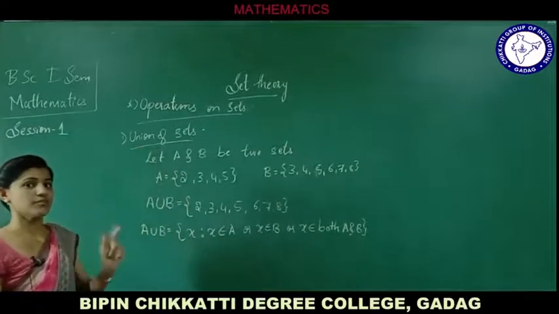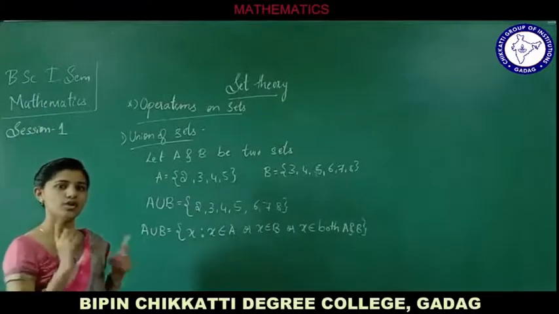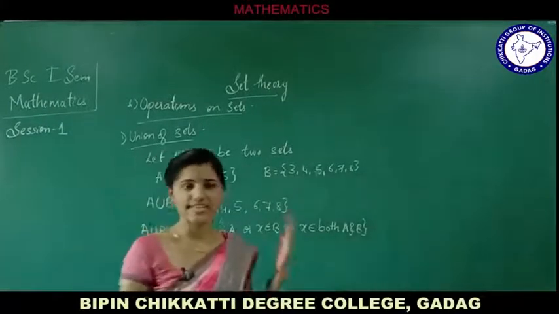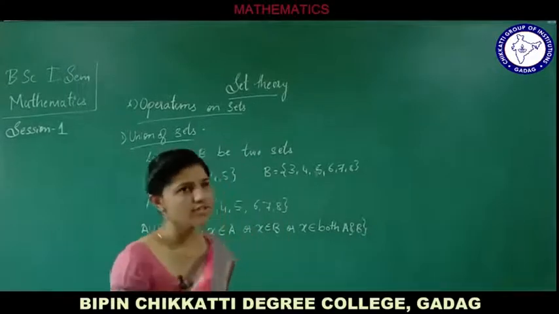Here we need to remember that it might either belong to A or belong to B, but not in the case of intersection of sets.